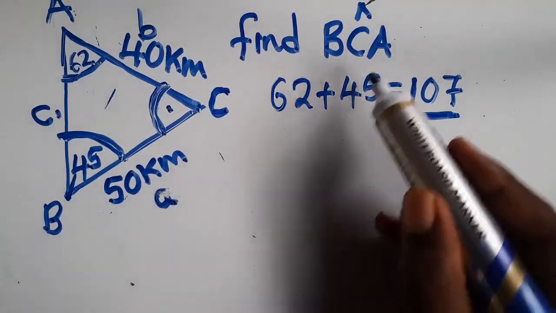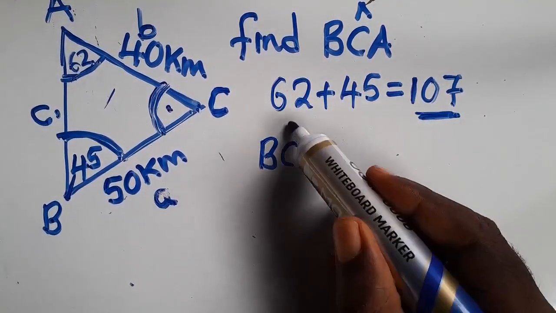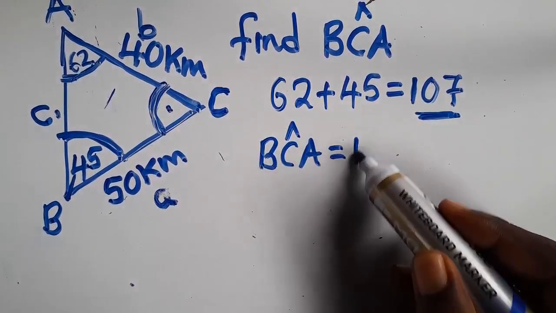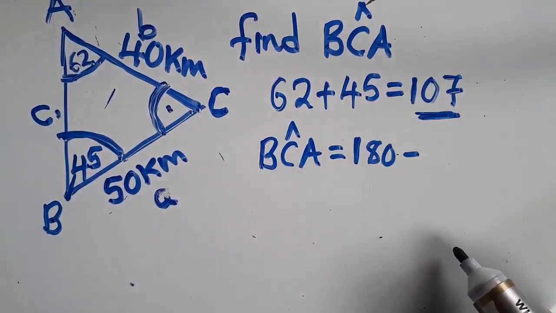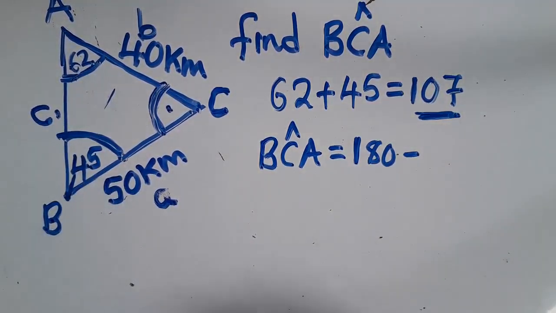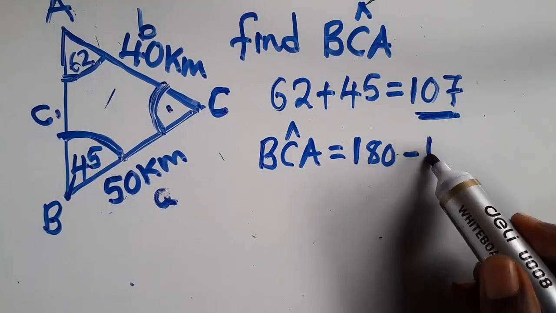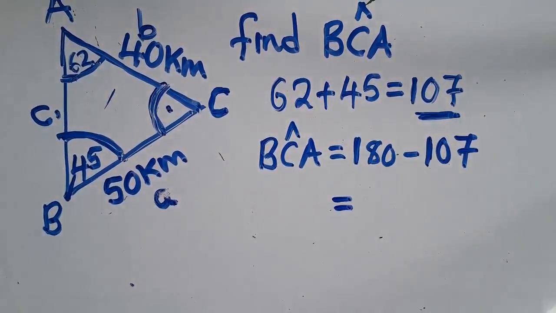Then for the angle which you are told to find, angle BCA is equal to 180 minus the addition of those two, because you know that angles inside a triangle add up to 180. So 180 minus 107. What answer are you getting there?